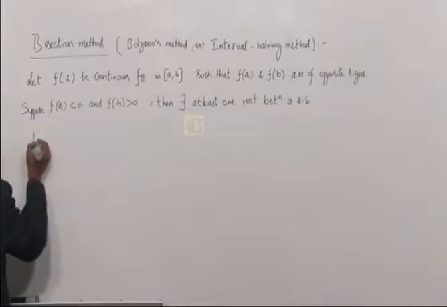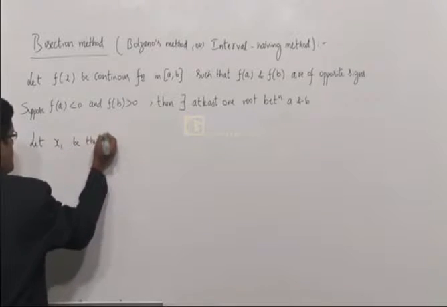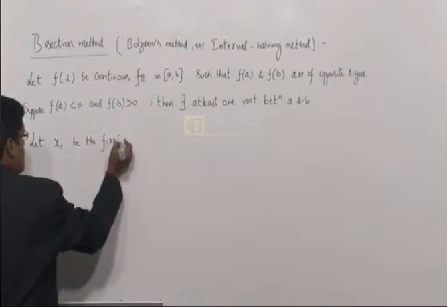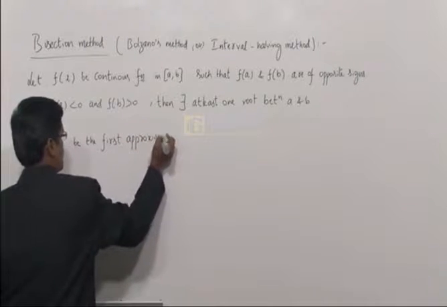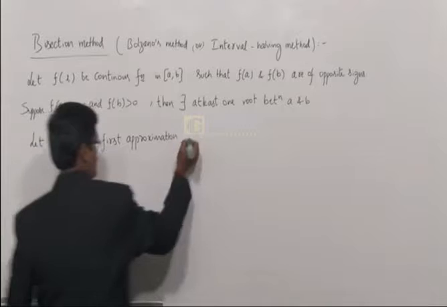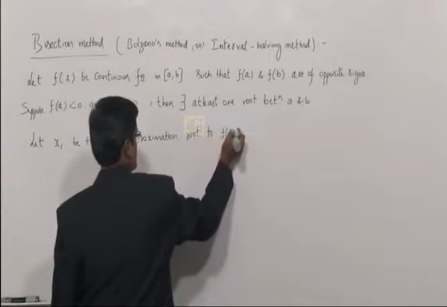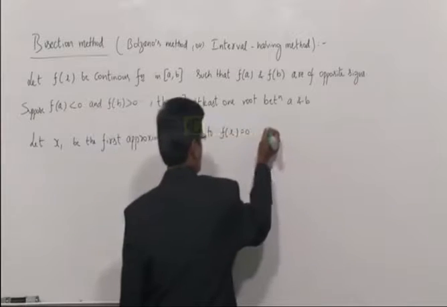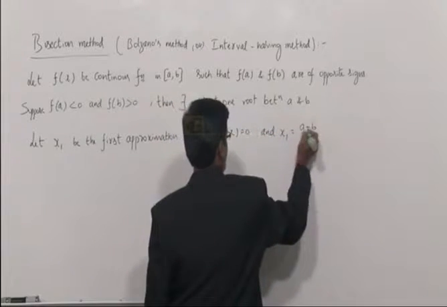Now I am giving the procedure. Let x1 be the first approximate root to f(x) = 0 and x1 is equal to (a plus b) by 2.